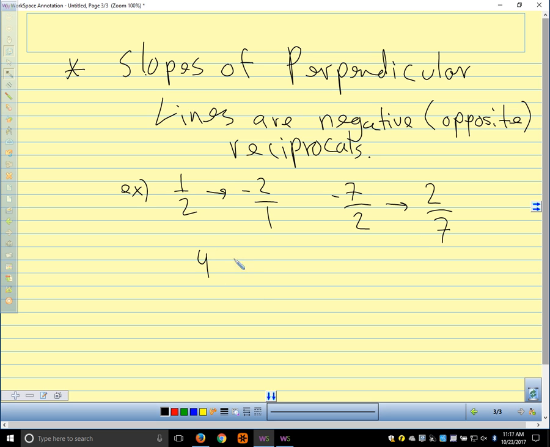If we just had 4, we can think of that as 4 over 1, and the negative reciprocal of that is negative 1/4. Flip the fraction, change the sign. So that's what we mean by negative reciprocal.